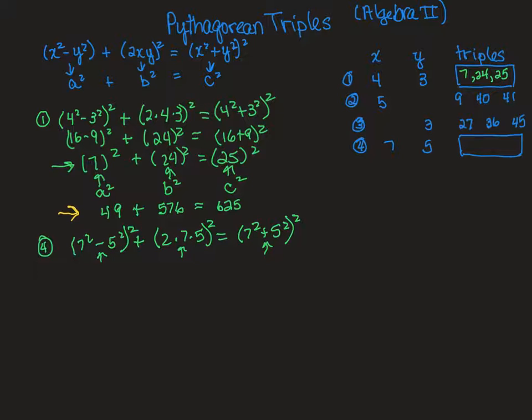This is going to be 49 minus 25, which is 24.